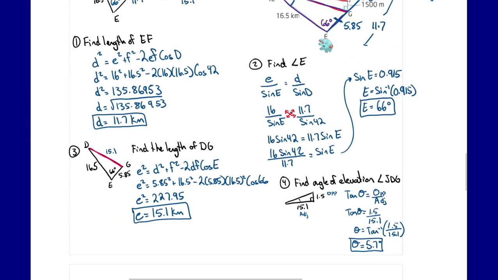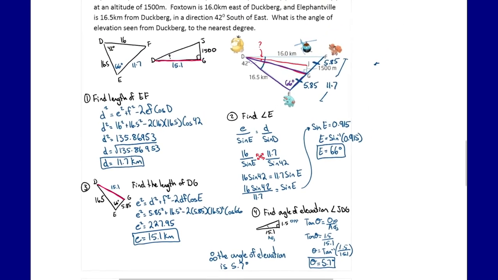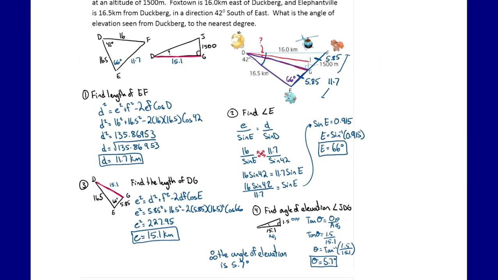So after all that, therefore, the angle of elevation is 5.7 degrees. Right, so a lot of steps here, but the idea is, I'm sorry, I'm just making some lines a little bit neater.